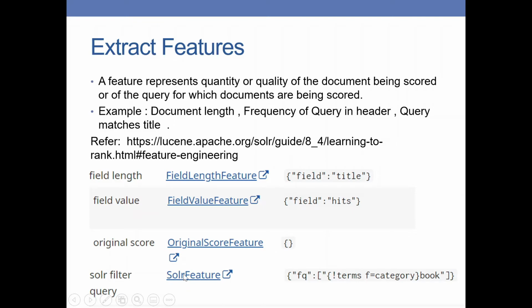We can also create some dynamic features using the SOLR feature class, where I can apply a filter query, and for field category, I want to check if it contains book. So it will generate a Boolean value like yes or no.